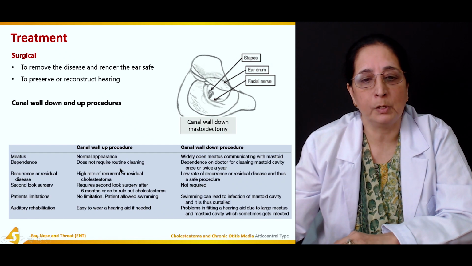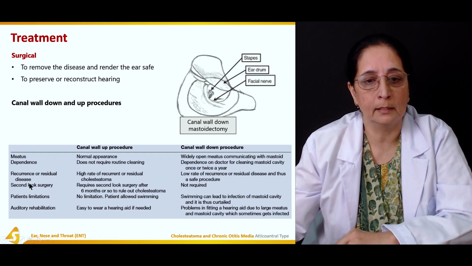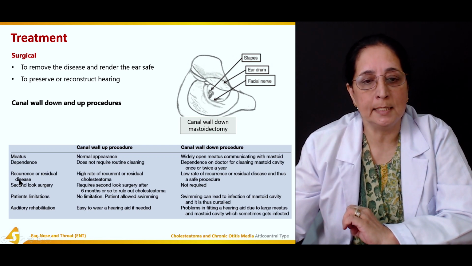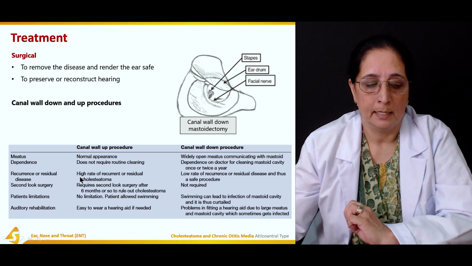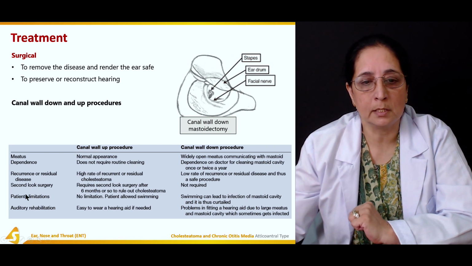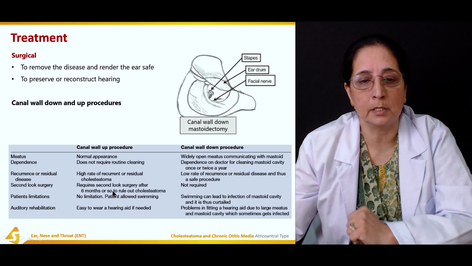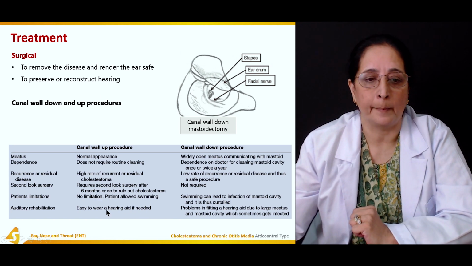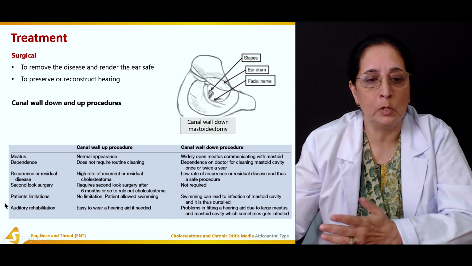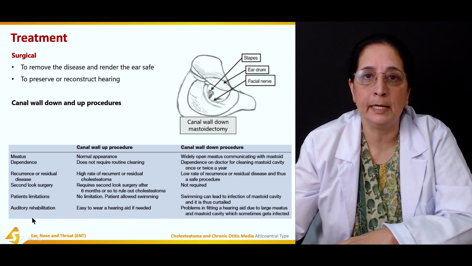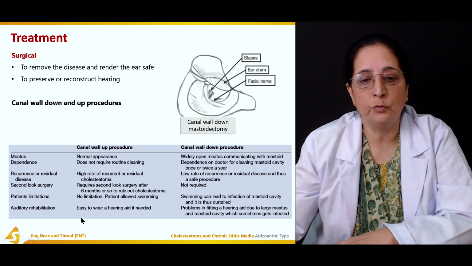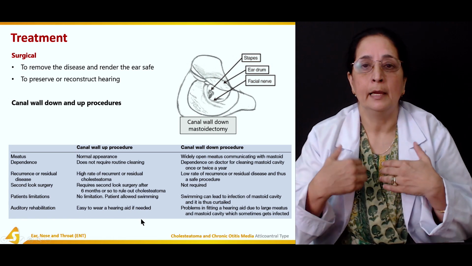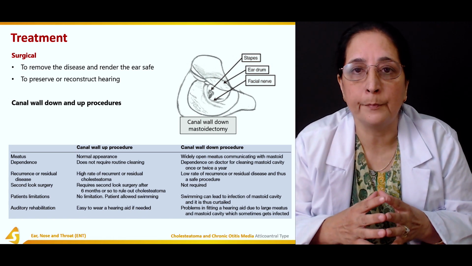Dependence: it does not require routine cleaning of the ear. Recurrence or residual disease: high rate of recurrence. Second look surgery: it requires second look surgery after 6 months to rule out cholesteatoma. Patient limitations: no limitations. Auditory rehabilitation: easy to wear a hearing aid if needed. So these are the canal wall up procedure requirements.